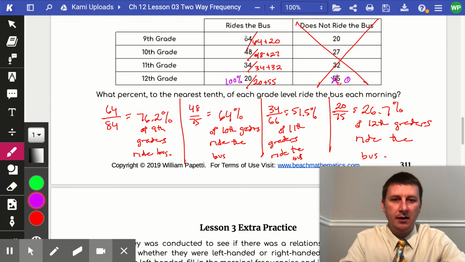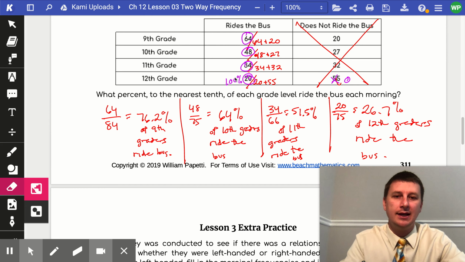So although the numbers are decreasing, 64, 48, 34, and 20, we can't say that the number of students that ride the bus decreases as they get older. We can't say that safely because we need to know our percent of the total number surveyed. In this case, it happened to work out.